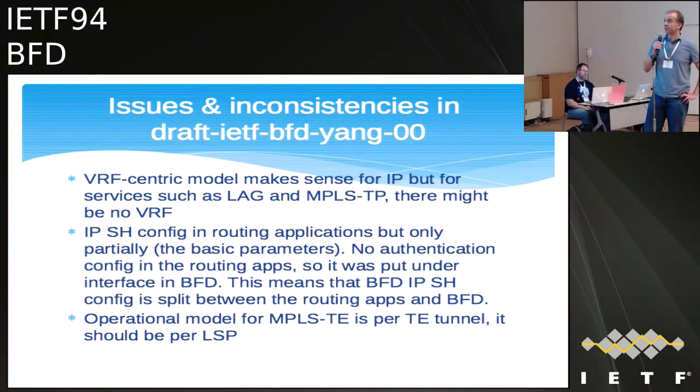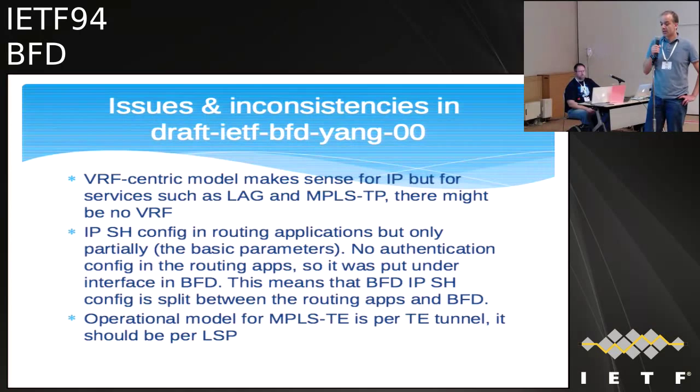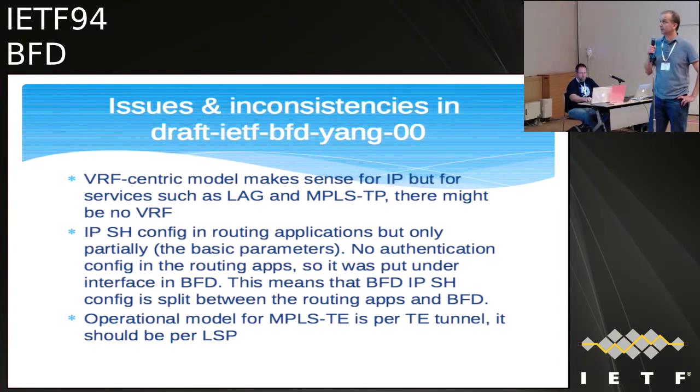The problem with what we have right now is you have the basic parameters, being the intervals and the multiplier, which are exported via a grouping to the routing applications, which, for example, OSPF uses. But the authentication parameters, which are really BFD specific, end up in the BFD model.